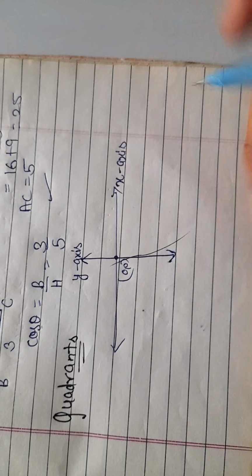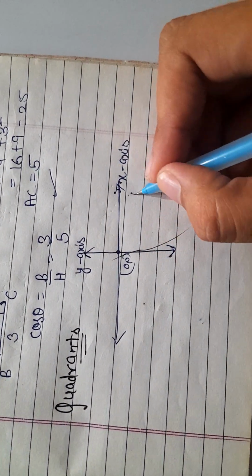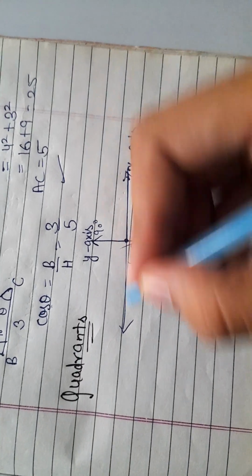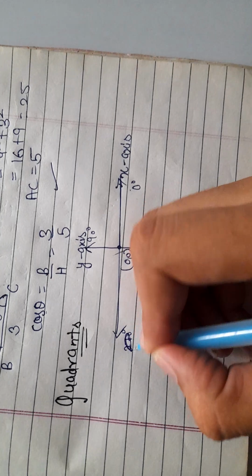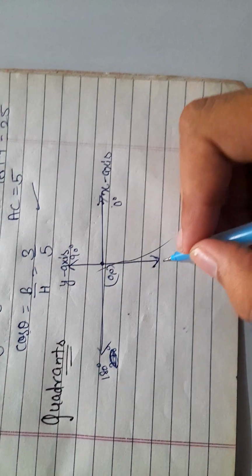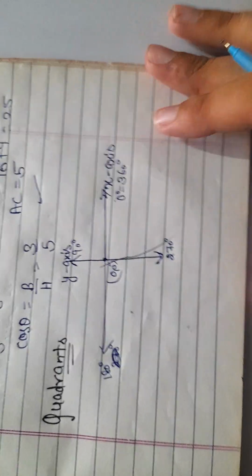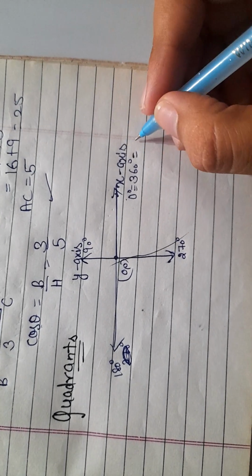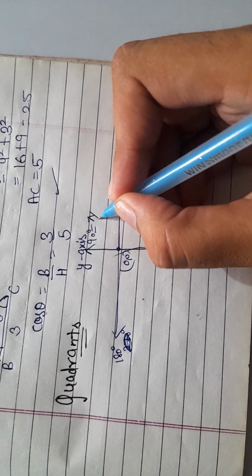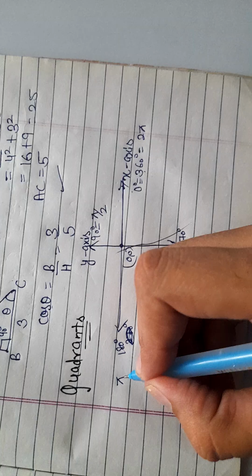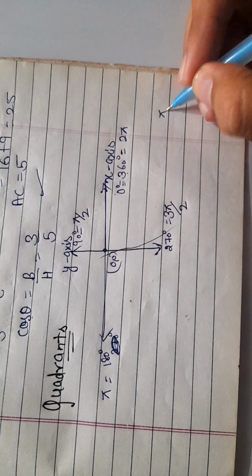Let this be 0 degree, this is 90 degree, this is 180 degree, and this is 270 degree. It is also 360, we can write it as 2 pi. This is pi by 2, this is pi, this is 3 pi by 2. Okay, as pi equals 180 degrees.